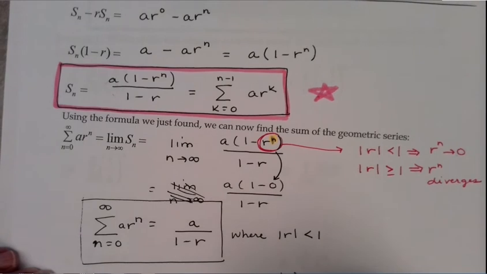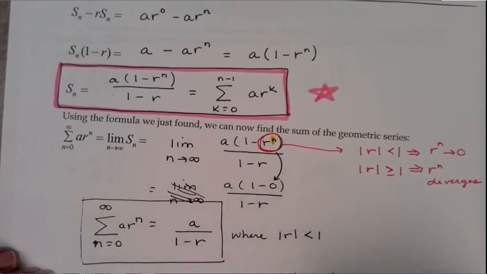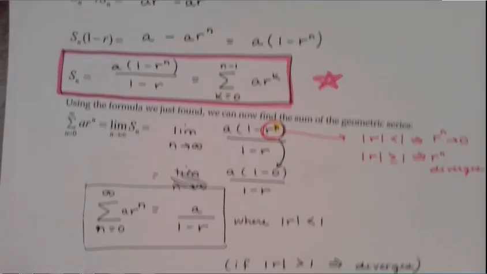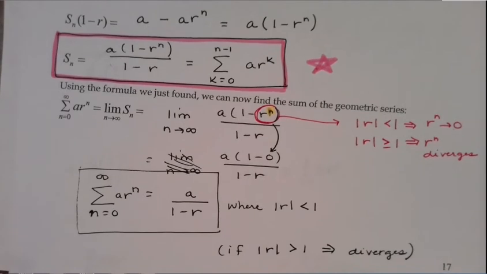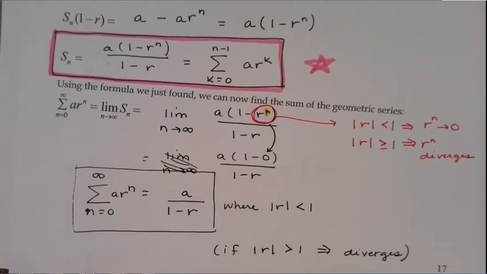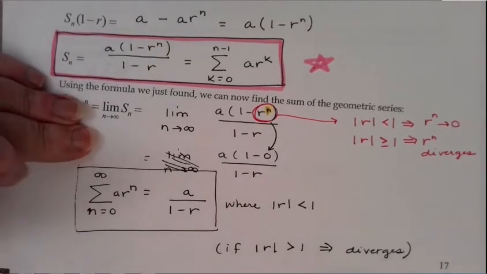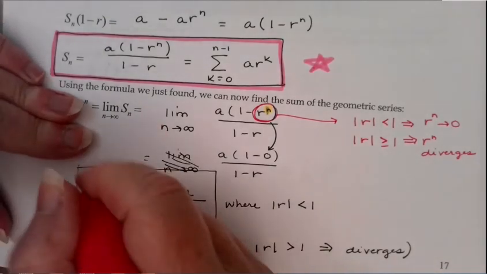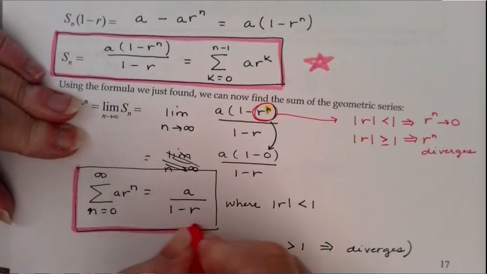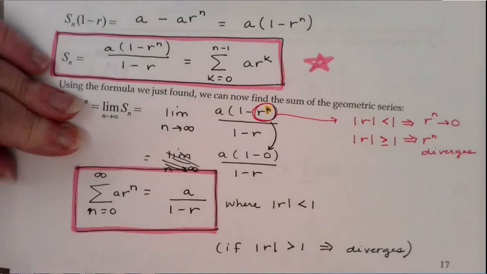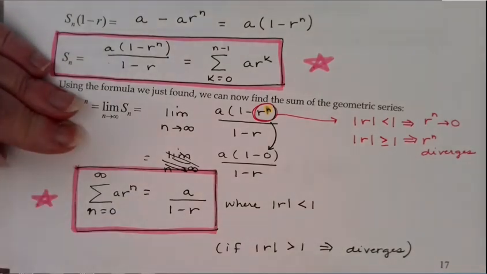If the absolute value of r is greater than 1, this diverges. On the next page, that is summarized for us, including the information that we just said. Before I leave this page, there is my second really important formula. We will need that one as well.